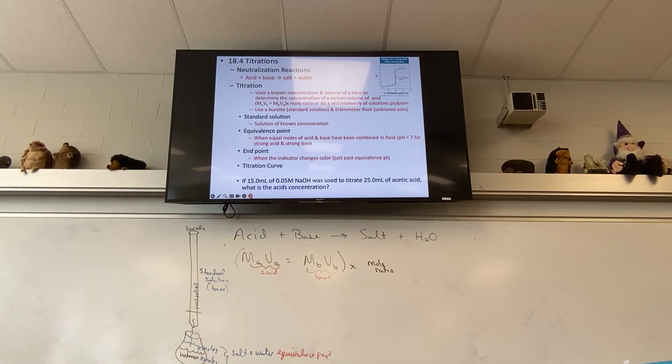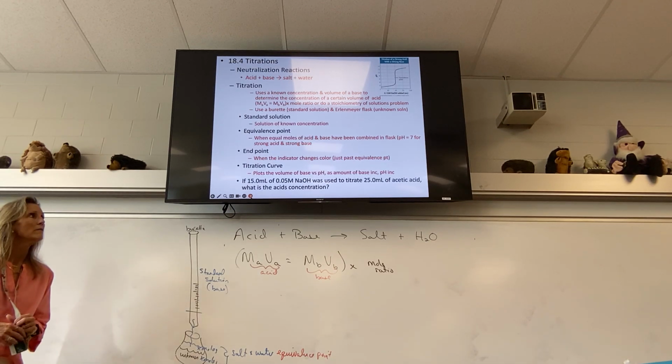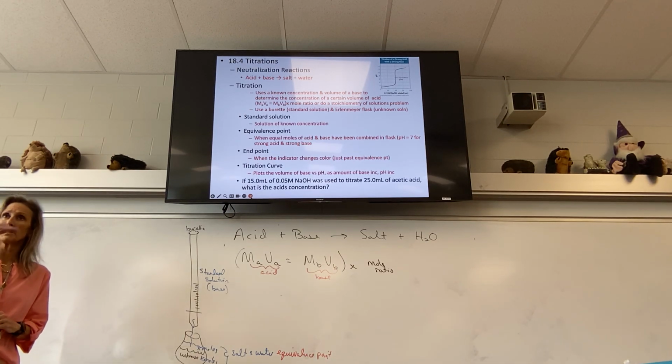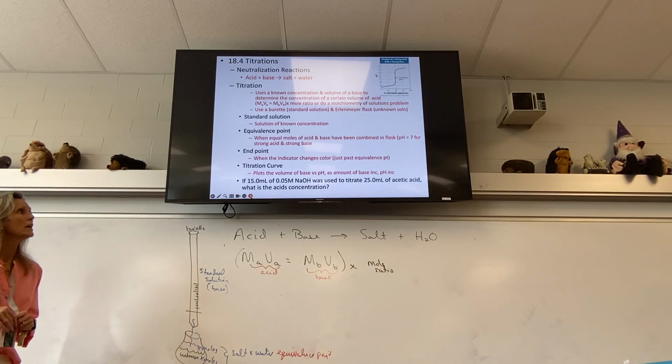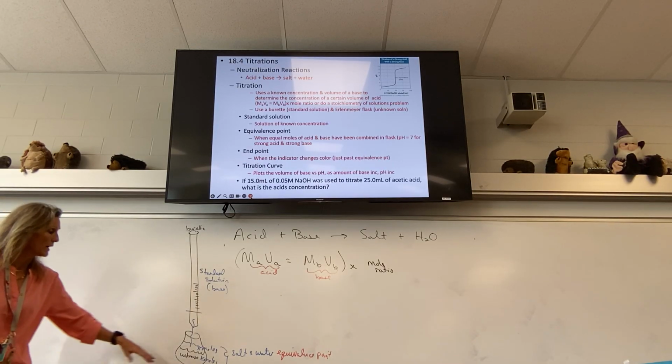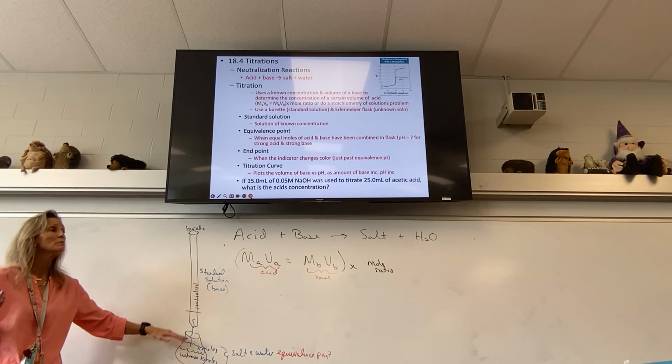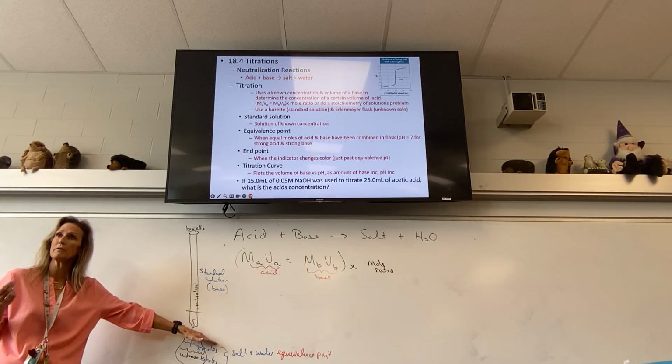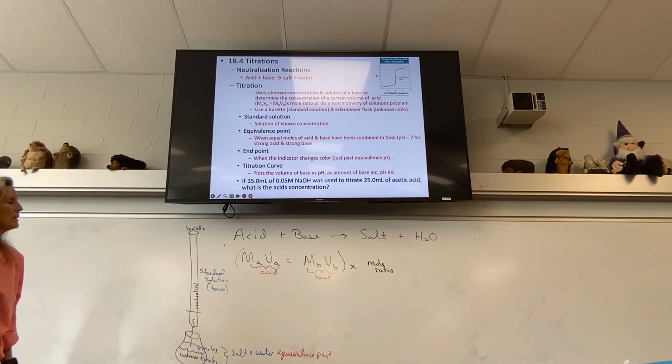So the titration curve plots the volume of the base that we're adding versus the pH, so we can see how the pH has changed as we go from absolutely 0 base in our flask to being at the equivalence point and then beyond.